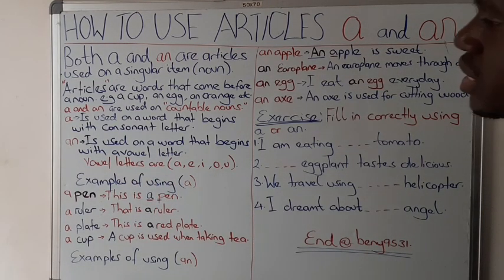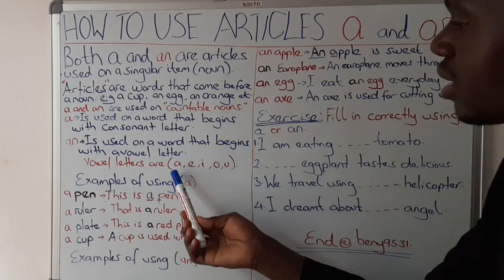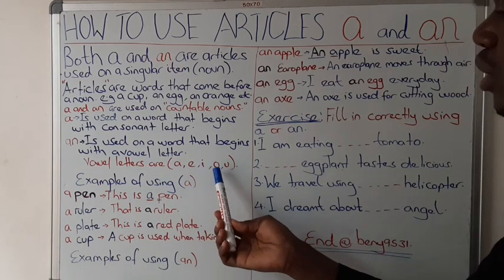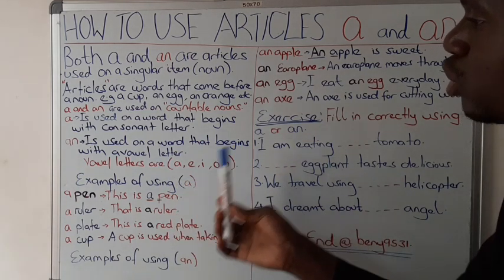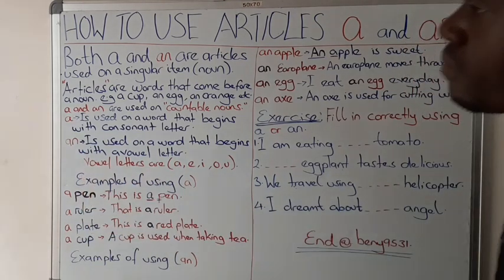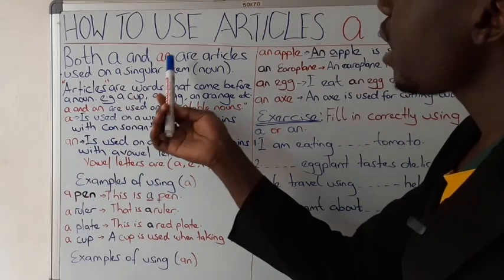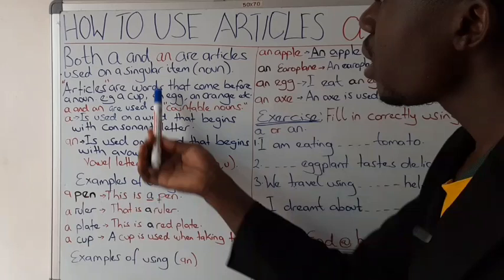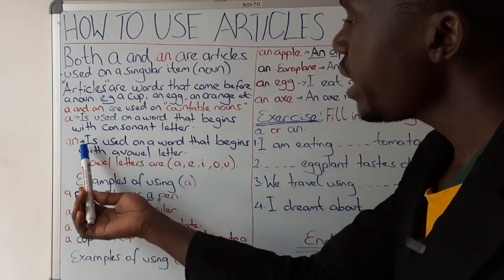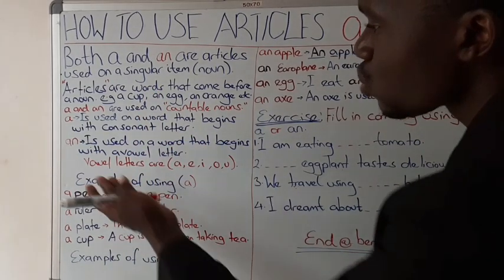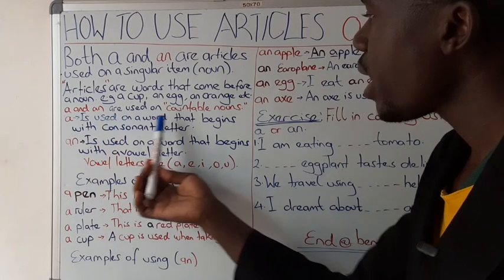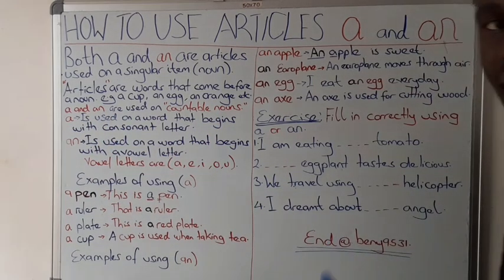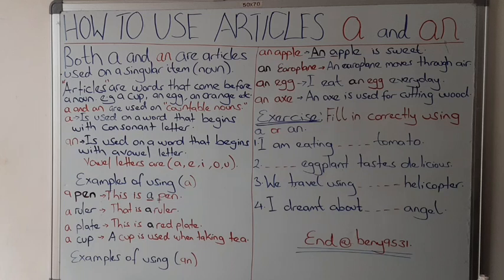A point to note here, vowel letters are a, e, i, o, and u. If you see a word beginning with these letters, you use an before. Remember we said a and an are placed before the nouns. So an is used on a word that begins with these letters, whereas a is used on a word that begins with consonant letters. Hope we are together.